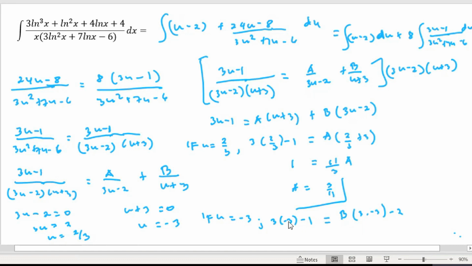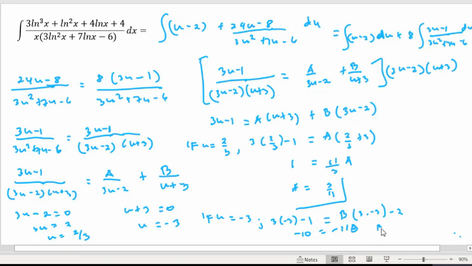Simplifying, 3 times negative 3 is negative 9, minus 1, so we have negative 10 is equal to 3 times negative 3, negative 9 minus 2, which gives us negative 11 of b.